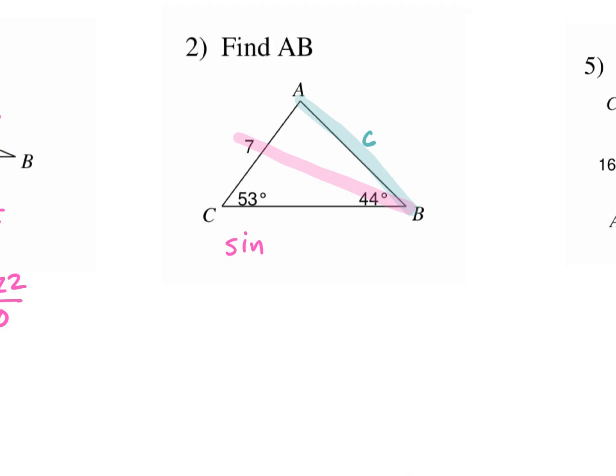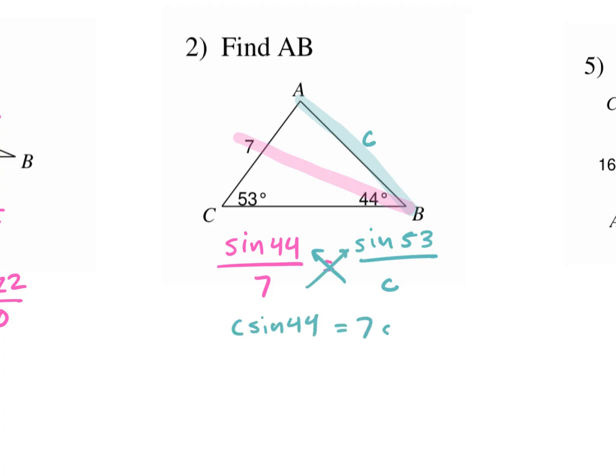So sine of 44 over 7 is equal to what? Sine of 53 over C. Perfect. How can we solve here? Cross multiply. So C times sine of 44 is equal to 7 times sine of 53.